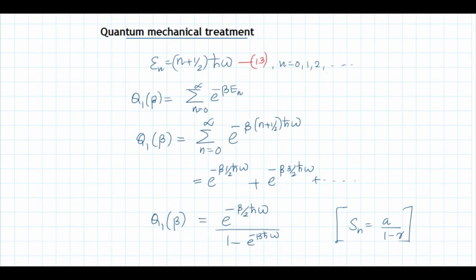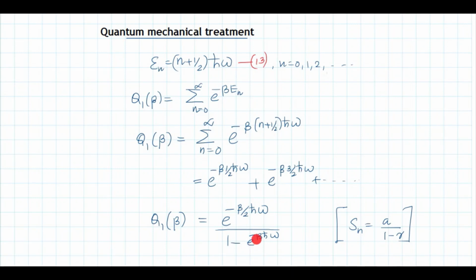If you put n equal to 1, you will get e raised to minus beta 3 by 2 h cut omega, and so on. And this is the sum to infinity of a GP whose first term is e raised to minus beta half h cut omega, and the common ratio is e raised to minus beta h cut omega. We have the sum S_n equal to a divided by 1 minus r for r less than 1.